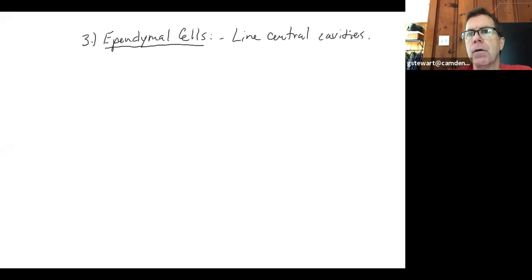And what they do is they have processes on, so the cells kind of look like this. They have these processes on them. They're like cilia or flagella, and they help circulate fluid, cerebrospinal fluid.